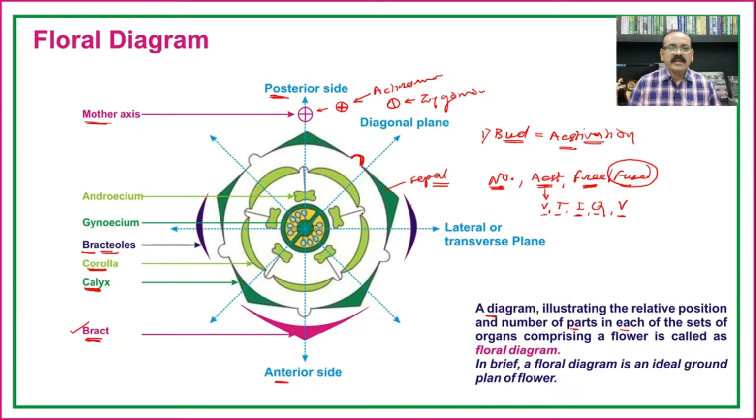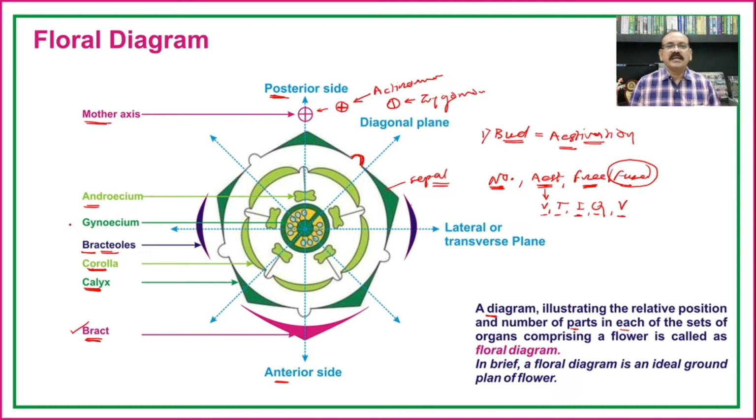Here again the petals are drawn in this diagram, and that is a gamopetalous condition with valvate estivation.